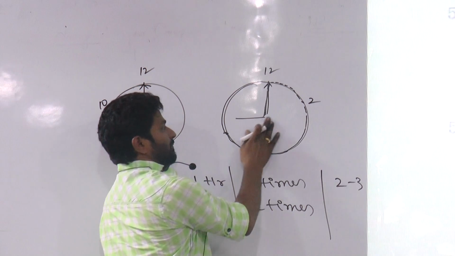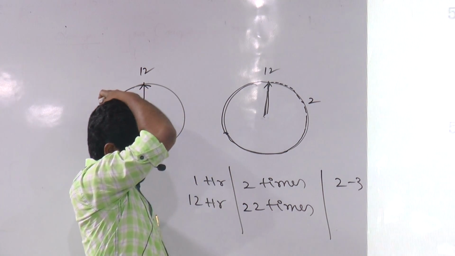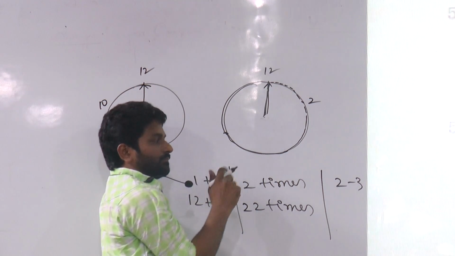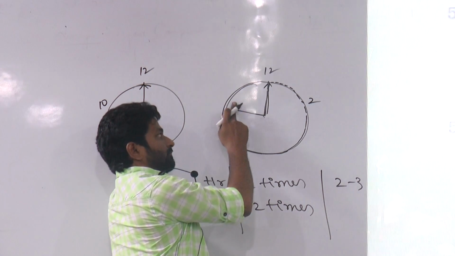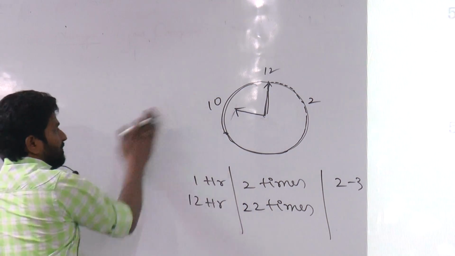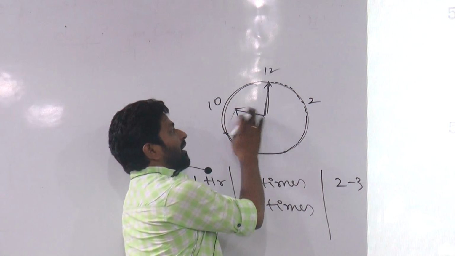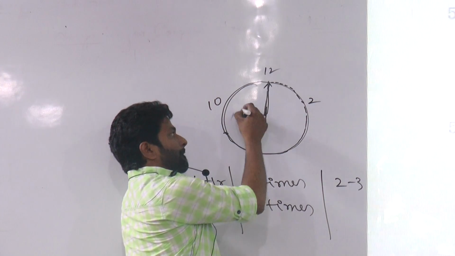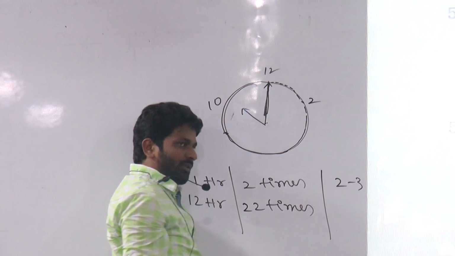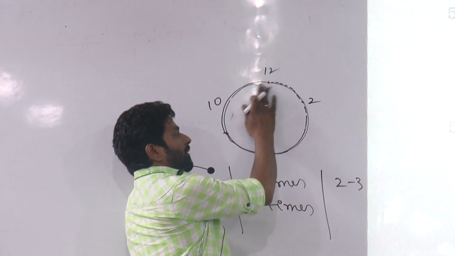How much is the time now? 10 o'clock. Let's see how many times it forms. Wait. 8 to 9 actually.